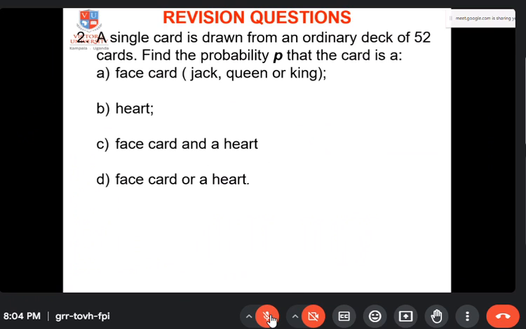Then the probability of a face card or a heart. What do they want there? The union, very good.